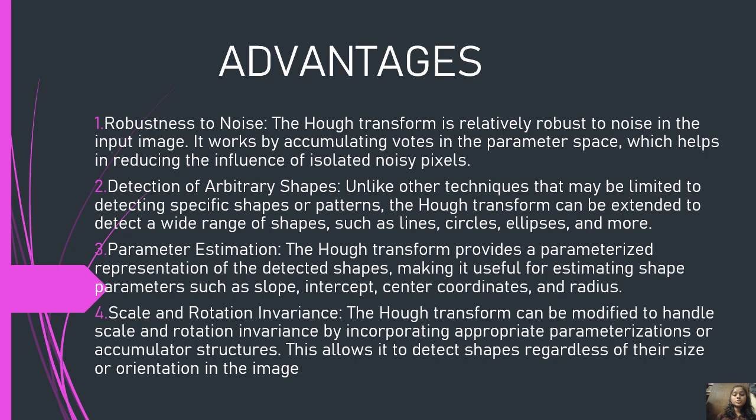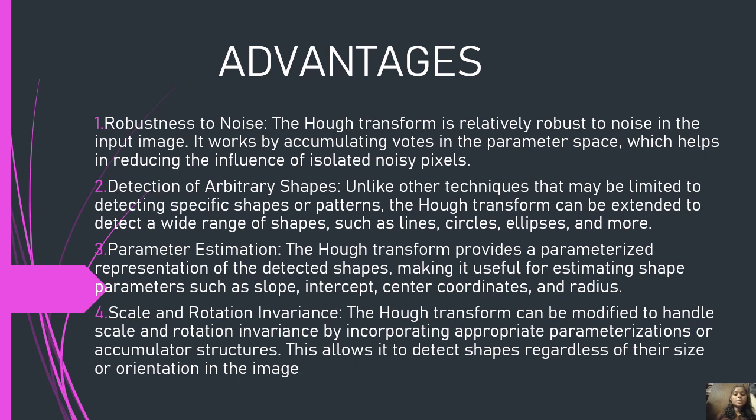Detection of arbitrary shapes. Unlike other techniques that may be limited to detecting specific shapes or patterns, the Hough transform can be extended to detect a wide range of shapes such as lines, circles, ellipses, and more. Parameter estimation.